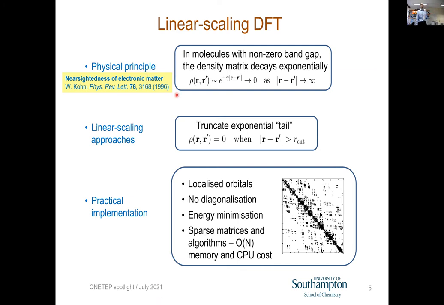The theoretical principles of linear scaling reformulation of DFT were given by Walter Kohn and others. It is based on the observation that the one particle density matrix decays exponentially with the distance of its variables.